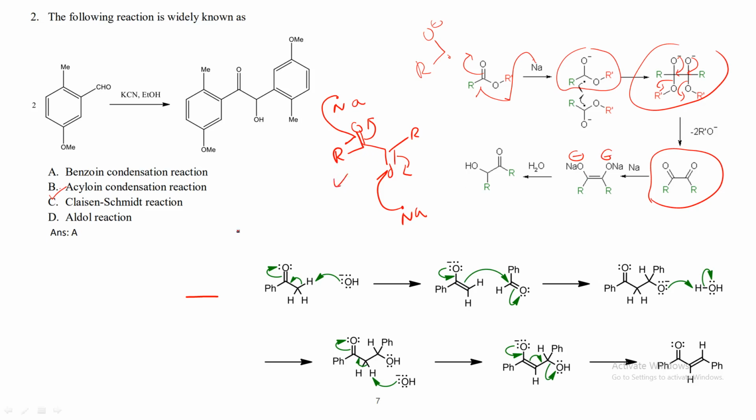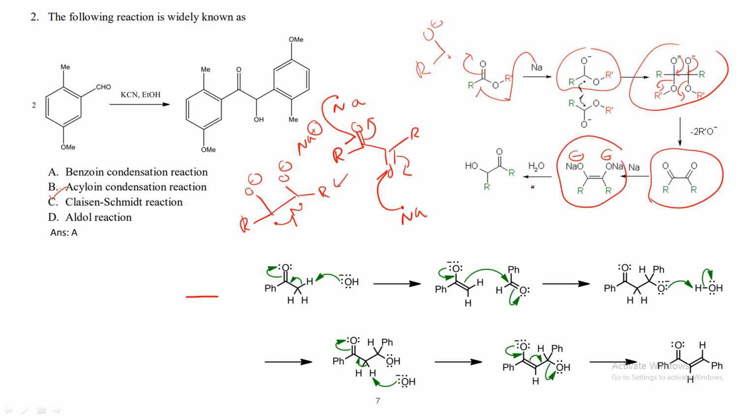For more clarification I'm writing it in full: O minus dot, dot, O minus, R, right? Now this recombination can easily happen and make this double bond, with O minus, O minus, and Na plus present in the reaction mixture, so the species would be like this.